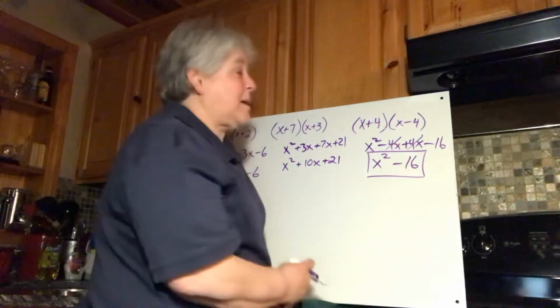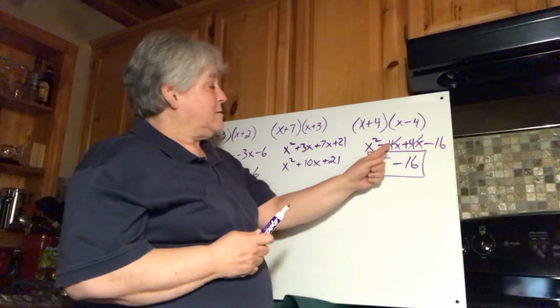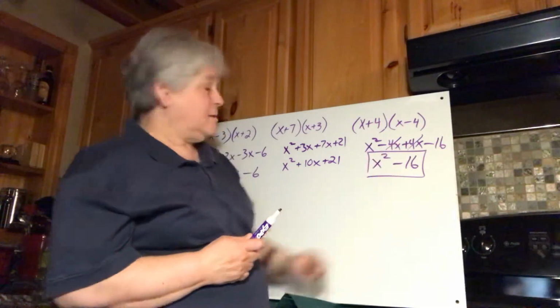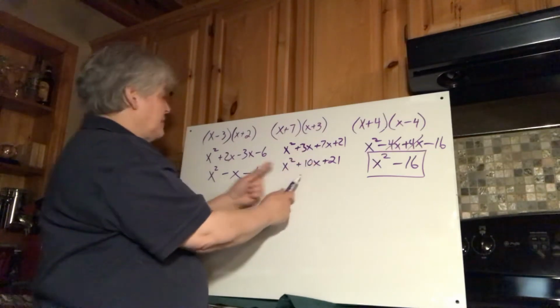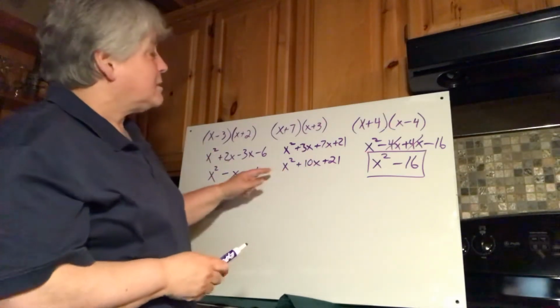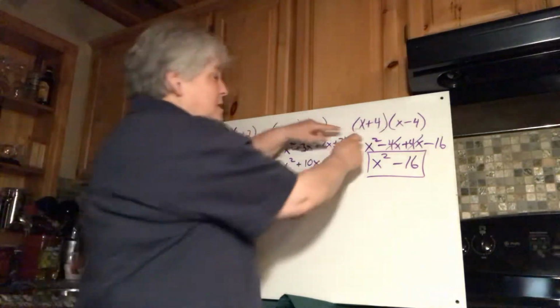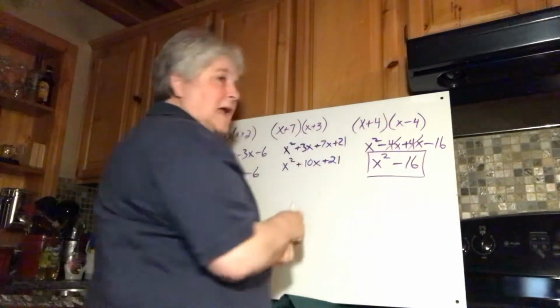Now why did that happen, you might ask? Well, think about it. These 2 canceled out in this case. That's why there's no x term here. In the other cases, they didn't cancel out. That's why there was a third term in those results. But what made them cancel out was the fact that these 2 things look alike, except for the sign between them.